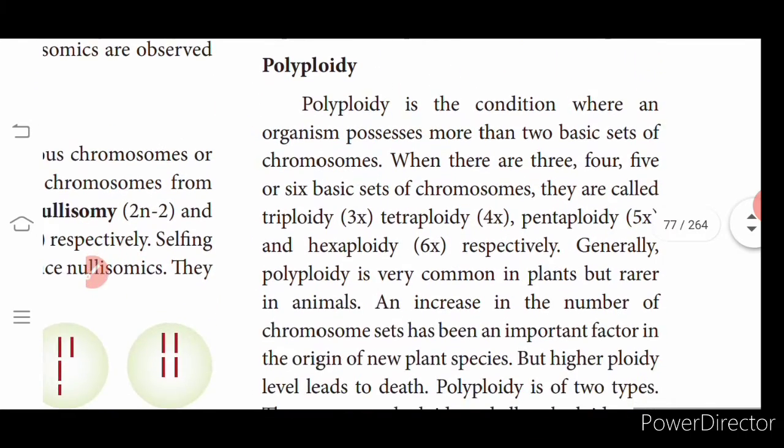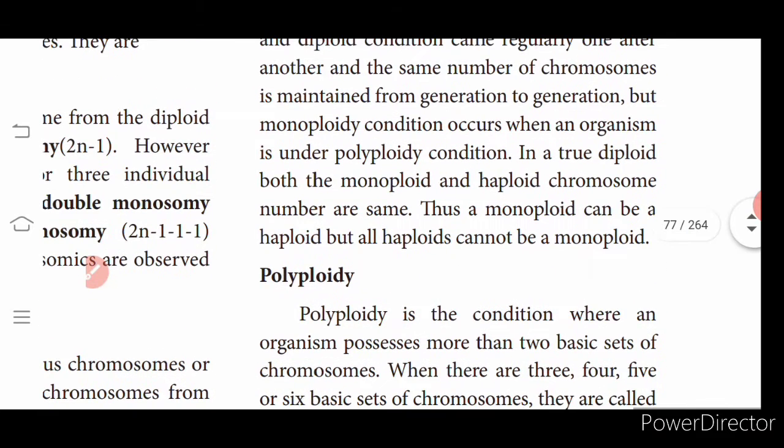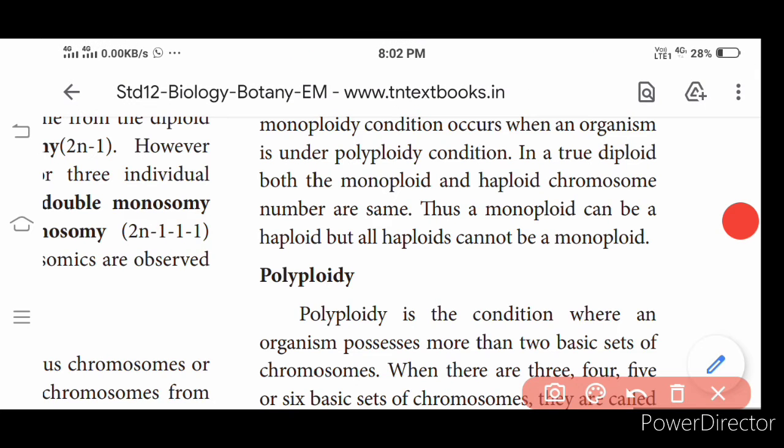Okay, polyploidy is a condition where an organism possesses more than 2 basic sets of chromosomes. Here we have seen how the same number of chromosomes is maintained, that you already know. By the process of meiosis, haploid gametes are formed. In the polyploid condition, the organism possesses more than 2 basic sets of chromosomes.